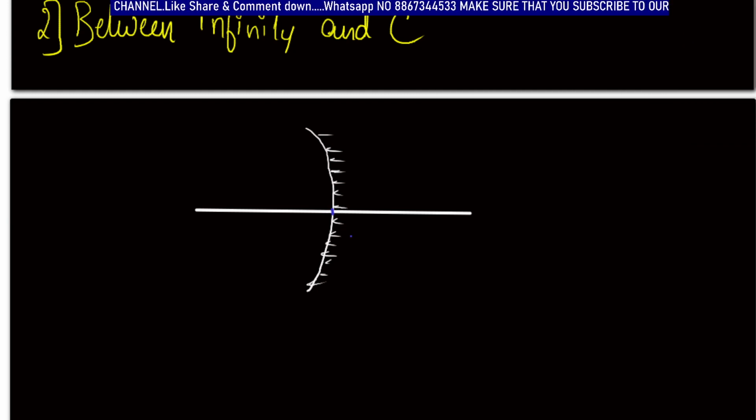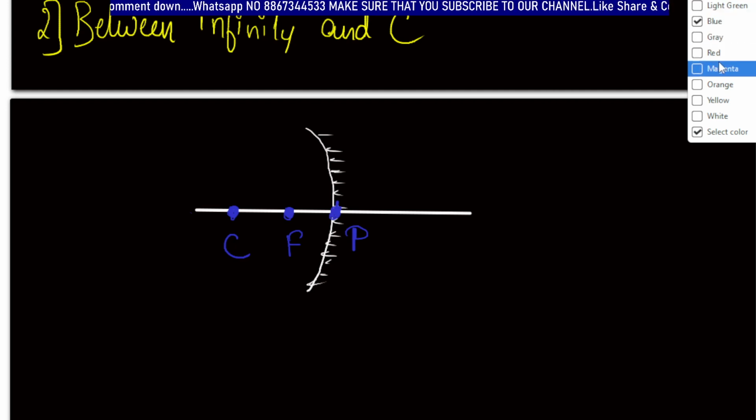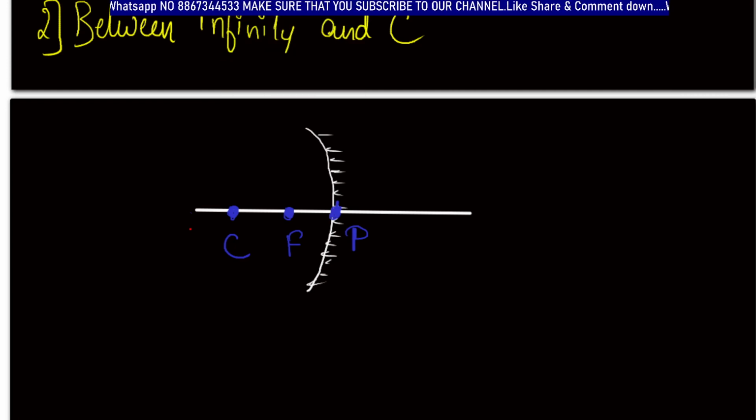This is the pole P. This is the center of curvature C. This is F, focus. What we have said here is that it is between infinity and C, that is, the object is behind C. The infinity will be behind C and it's between the infinity and C. So this is the object place, this is the object O.